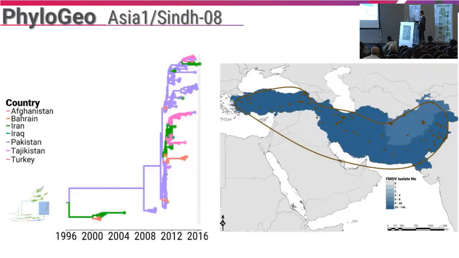For example, this is the length of the branch, the number of lineages occurring at this time point in Pakistan. At this time point, for example, there is a jump to Iran that is calculated as the lineage moving out of the country.